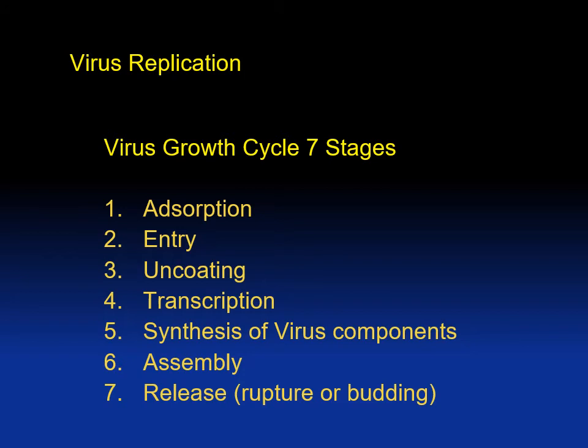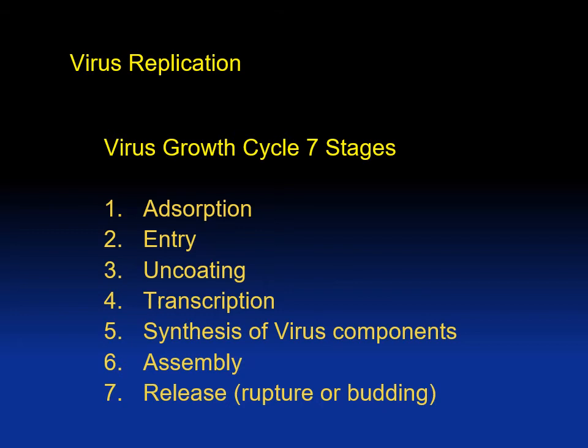This is done through different stages during the process of infection. The first stage, usually the virus particle is adsorbed to the cell surface. The virus comes to this target cell and gets attached to the receptors which are present on the surface.